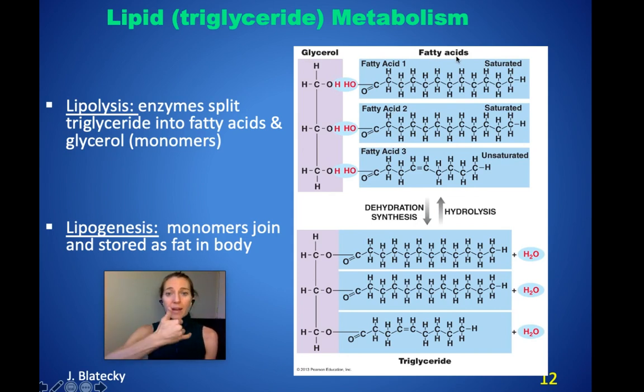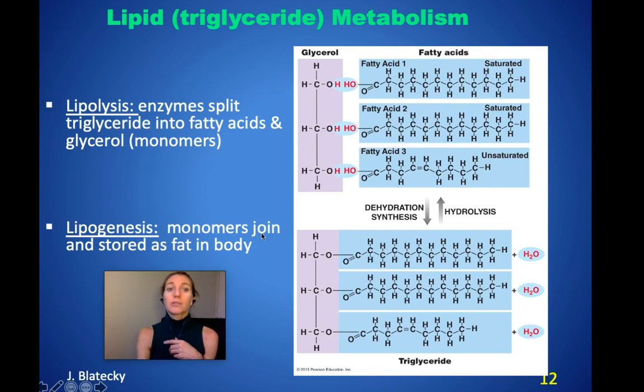And so when we are catabolizing triglycerides, hydrolysis, we are moving in this direction, and you can see that we split to the glycerol and the fatty acids. We can flip that as well to make our triglycerides. So lipolysis is the direction going from the bottom to the top here. So we've seen these lipases now, right? We have lingual lipase, and we also have pancreatic lipase that are used to split these triglycerides.